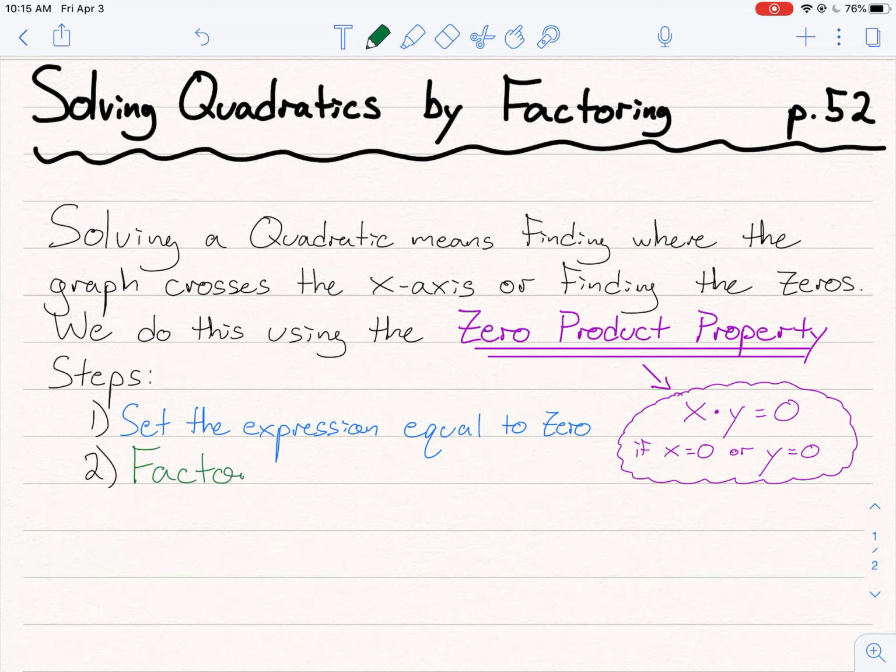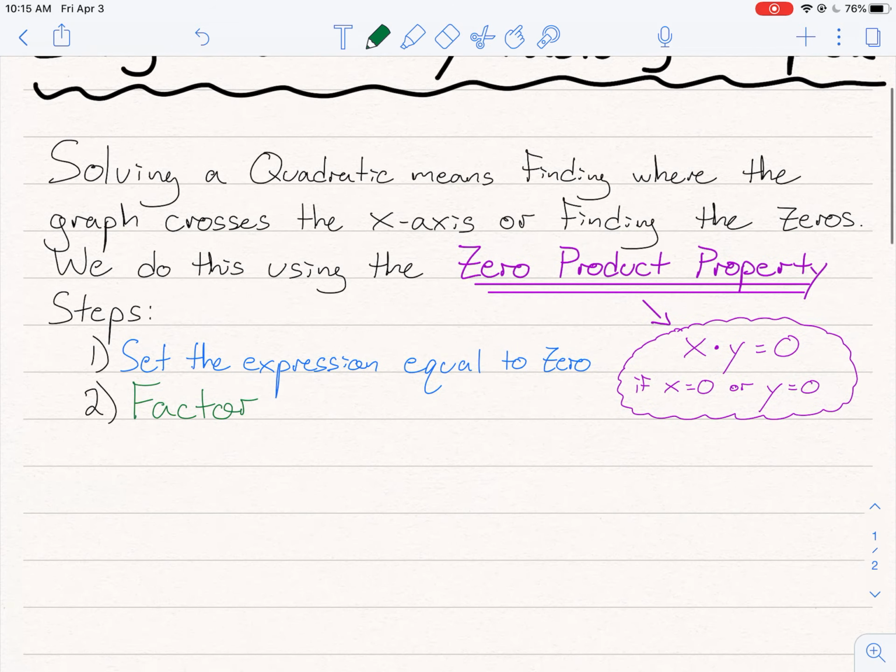The next step is to factor the expression. So we've already done that. It's nothing new there. The third step here is that we're going to set each factor equal to 0.